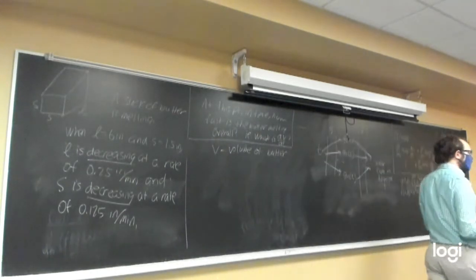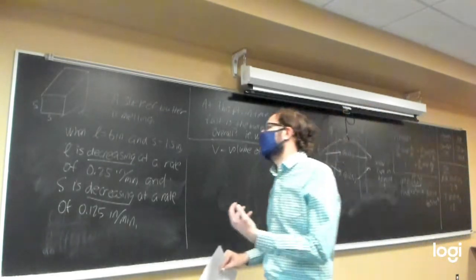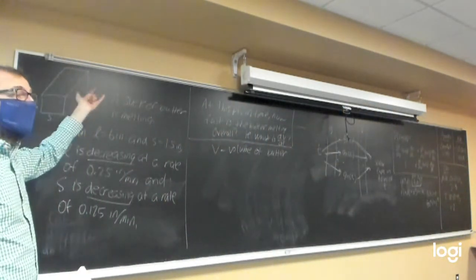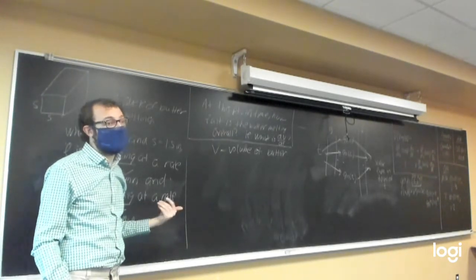And Sarah, what did you say? I think you gave a formula for what you think V is. S squared L. Yep, I like it. You have a kind of rectangular prism here. The volume is going to be length times width times height.